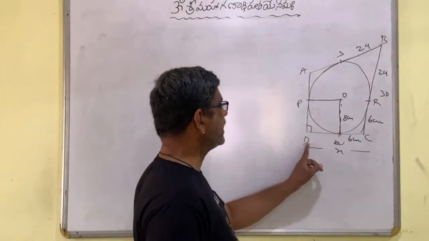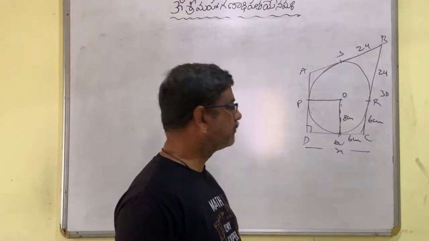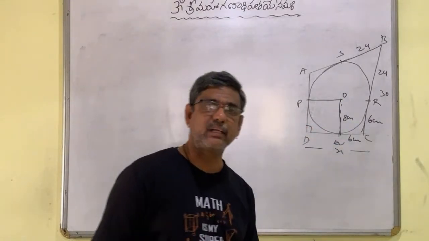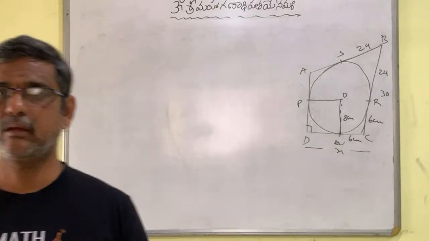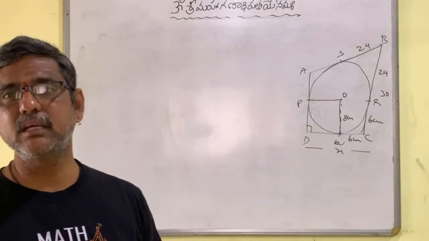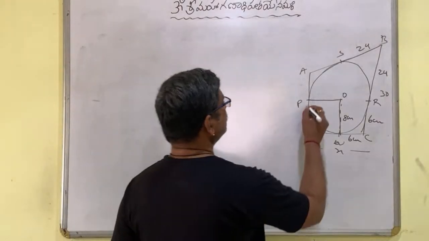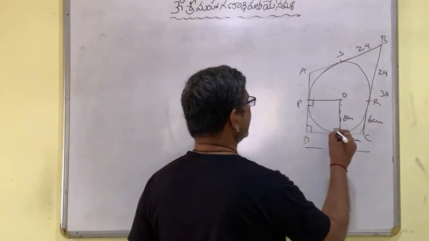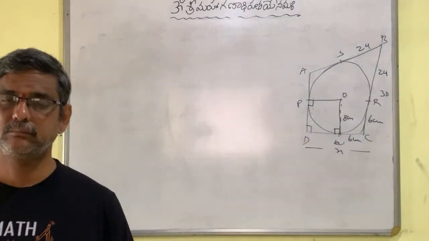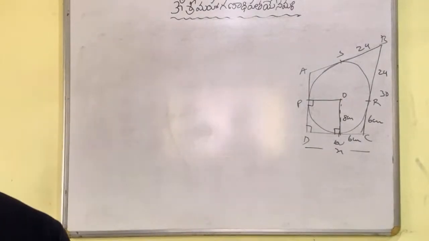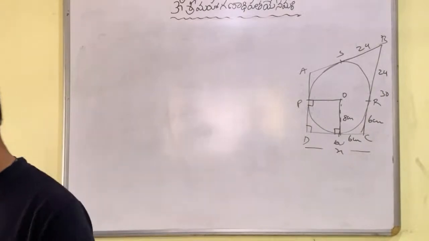Here you can observe DQOP is a quadrilateral in which angle D is 90 degrees. Children, we know these two angles are also 90. Angle OPD is 90, angle OQD is 90.